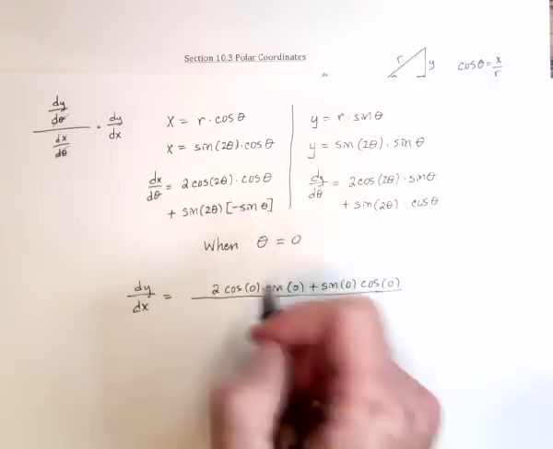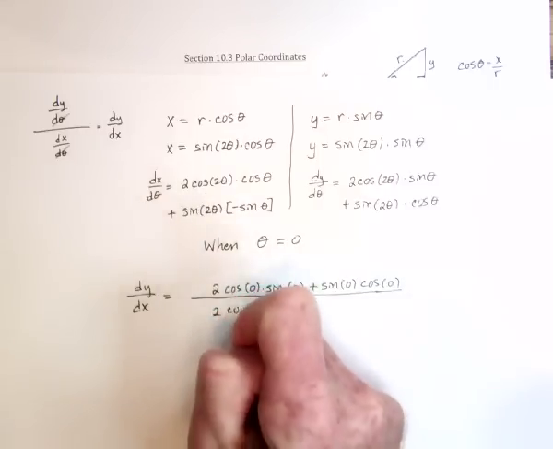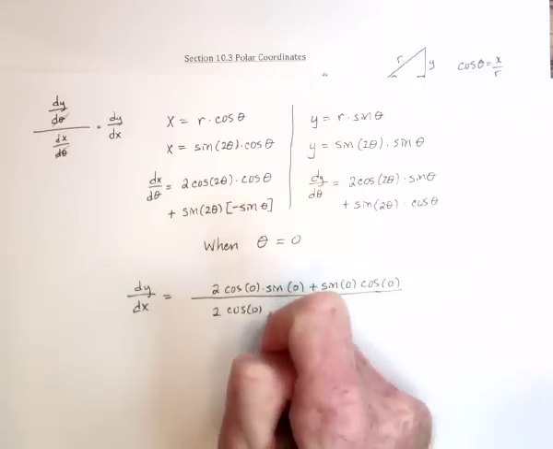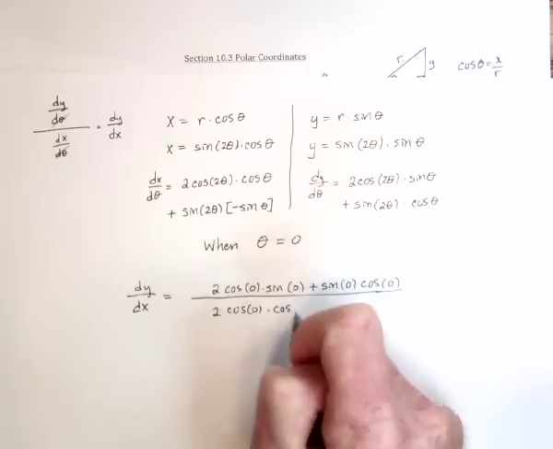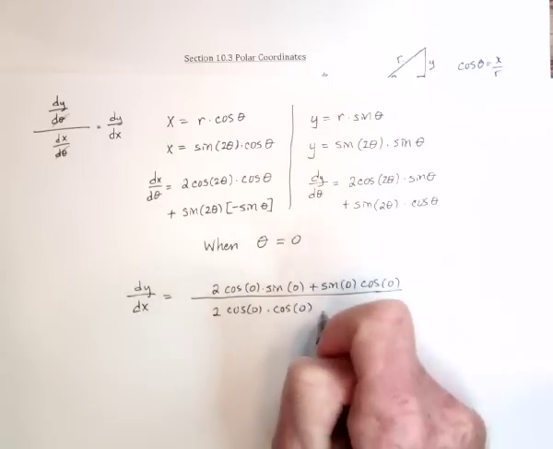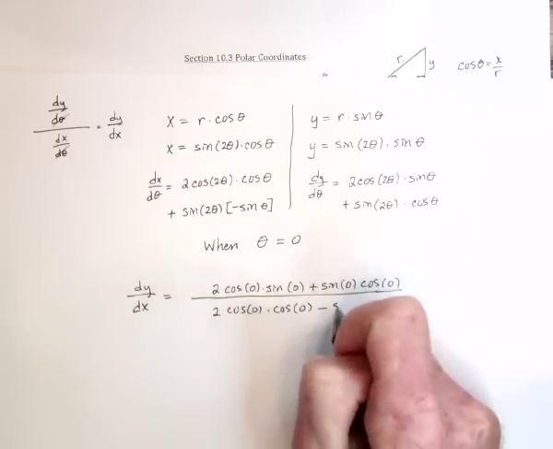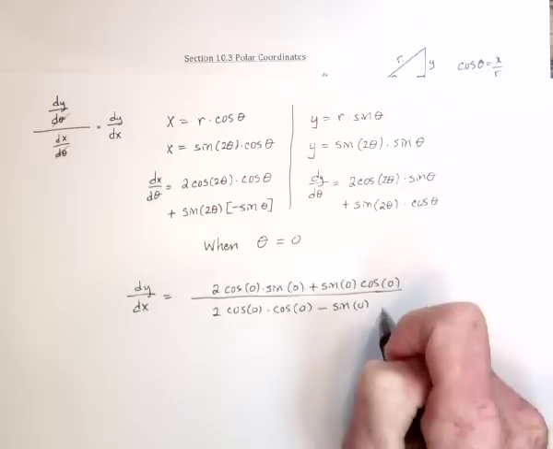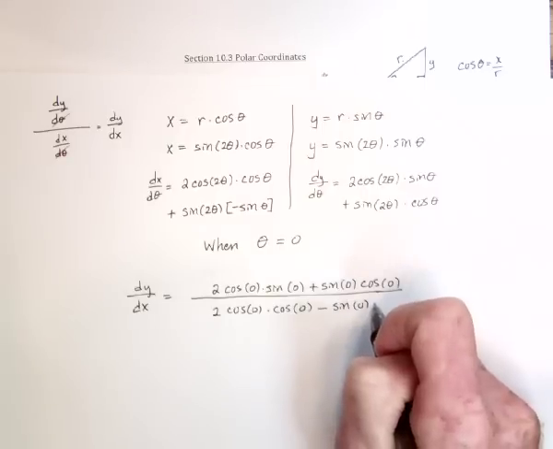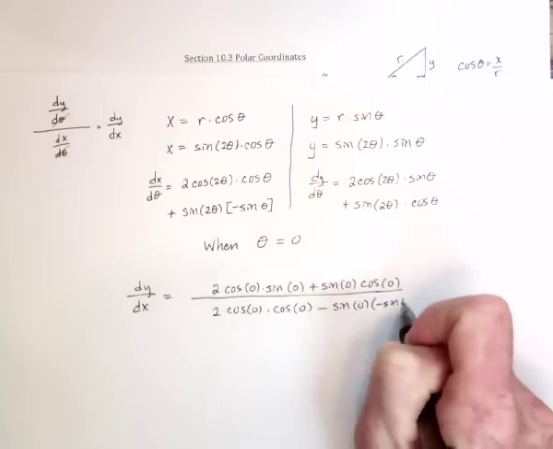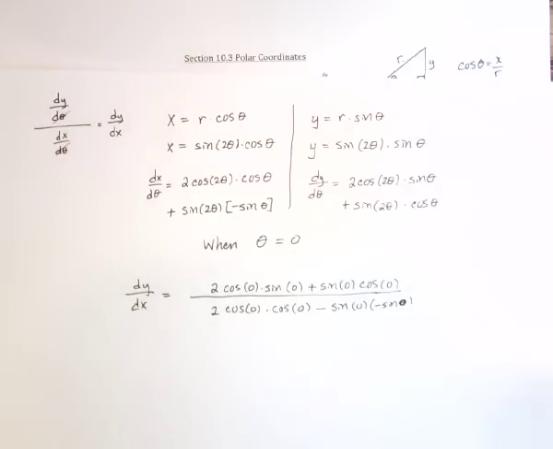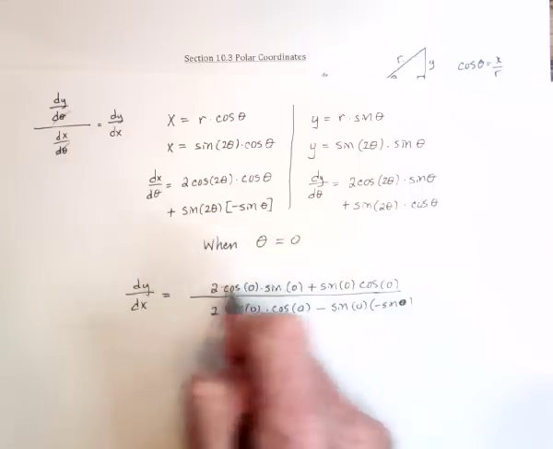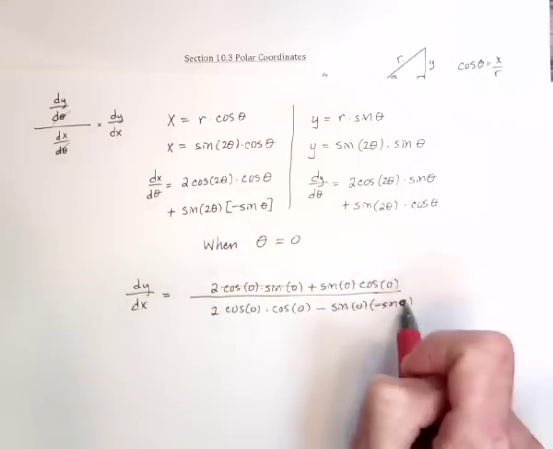So this one is going to be 2 cosine 0, because it's 2 times 0, and then cosine of 0, and then it's actually minus sine of 0 and negative sine of 0. Oops, this is a 0. Let's see. Sine of 0 is 0. So anything that has sine of 0, this is gone, this is gone, this is gone.